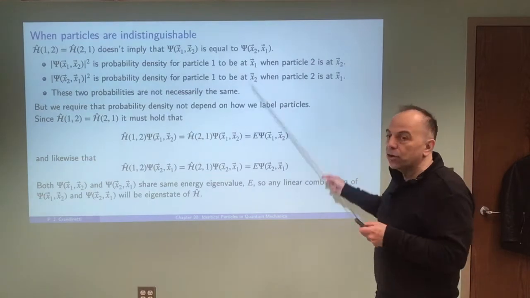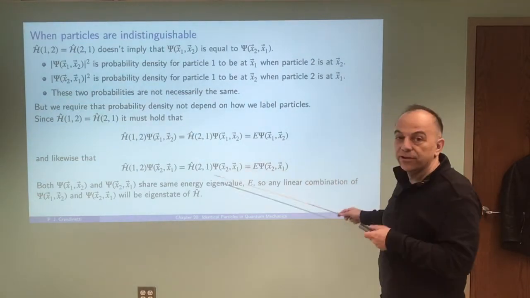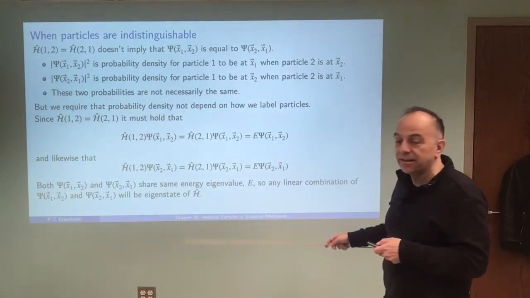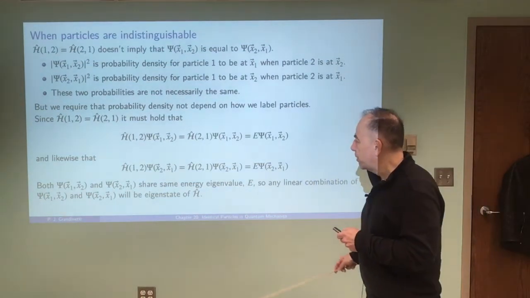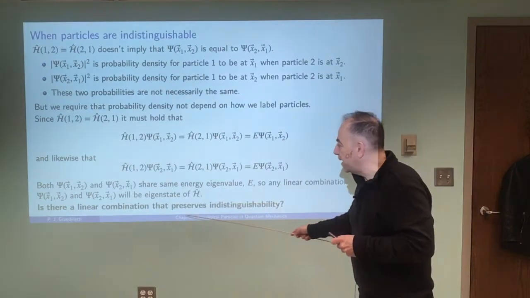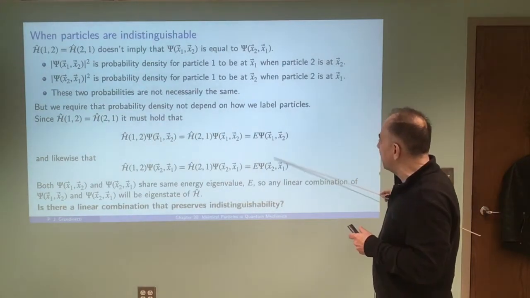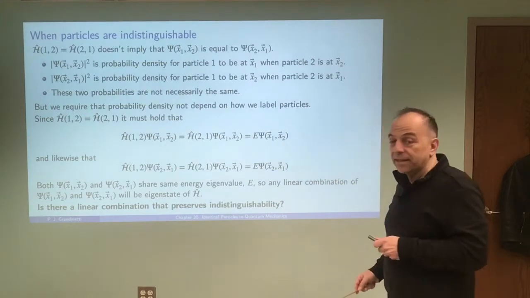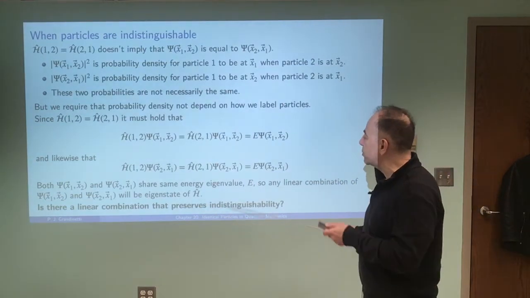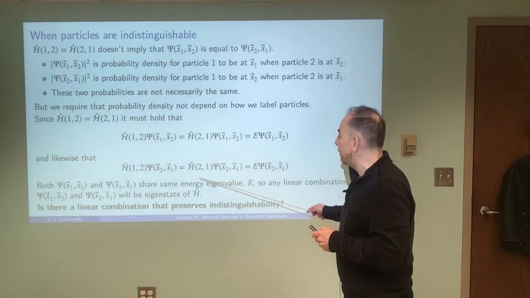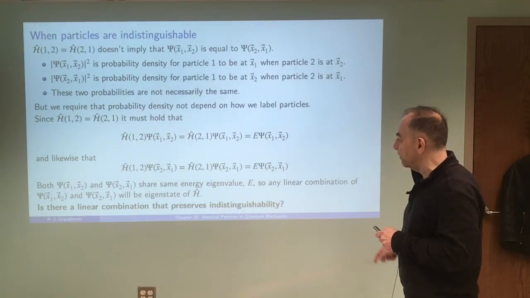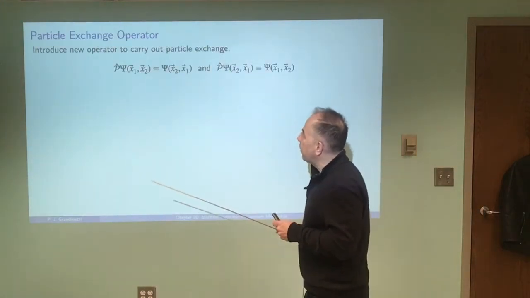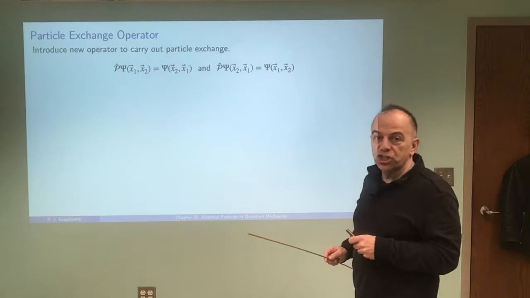So any linear combination, because they have the same energy eigenvalue, they're degenerate, any linear combination of them will also be an energy eigenstate of H. So what we need to find is some linear combination of these two wave functions that will preserve the indistinguishability. And any linear combination will be an eigenstate of our Hamiltonian with the same eigenvalue E. So we're going to introduce a new operator that we call the particle exchange operator.